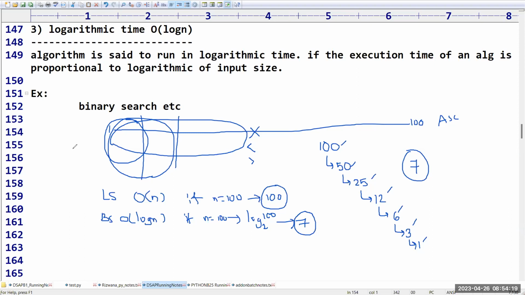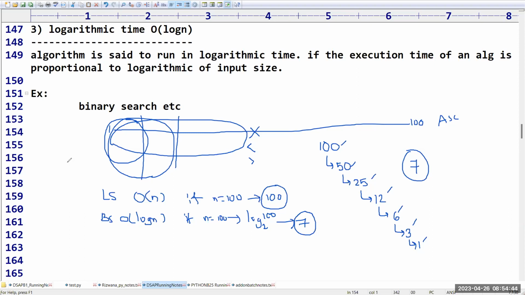And again that half is divided into half. Is it logarithmic time or not? Yes. So the best sorting algorithms in the entire world are nothing but divide and conquer based sorting techniques like quick sort and merge sort.